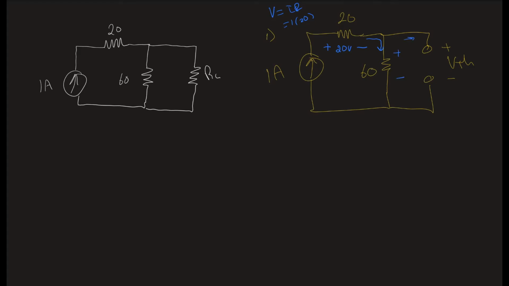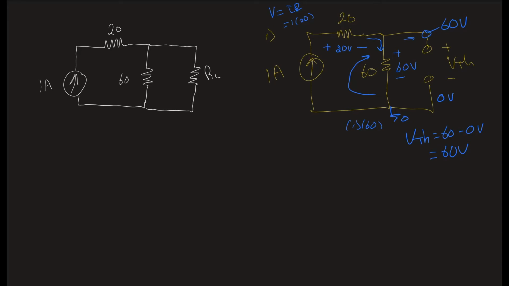And so the voltage drop from here to here is 1 times 60, or 60 volts. So if it's ground here, that means the voltage here is 0. And if it goes up by 60 volts to get to here, that means the voltage here is 60 volts. And so the difference, our V Thevenin, is 60 minus 0 volts, which is just 60 volts.